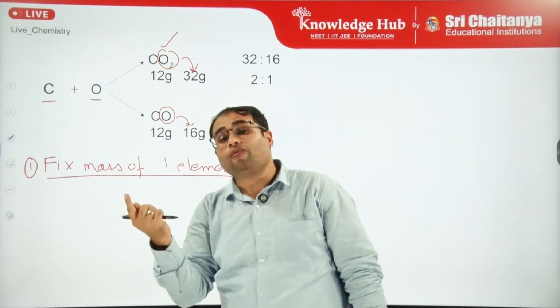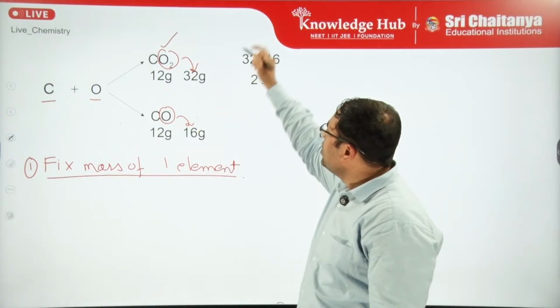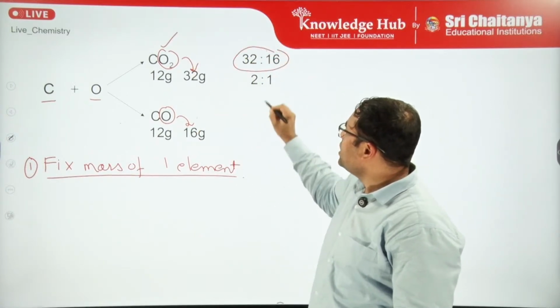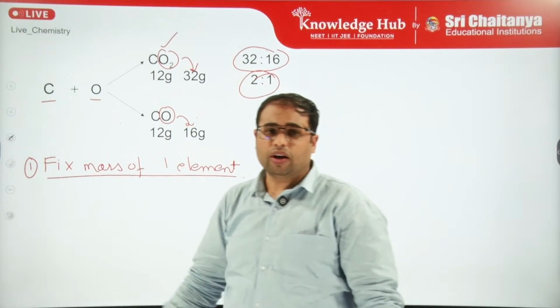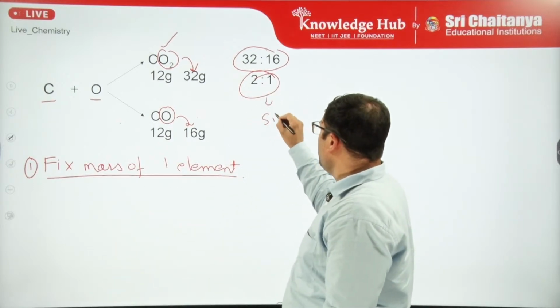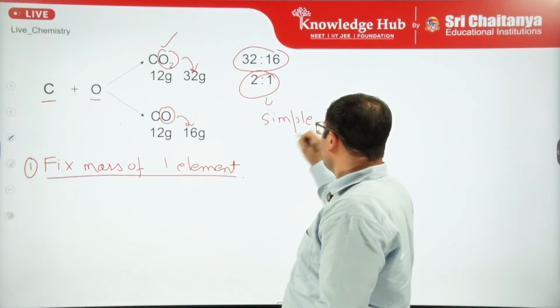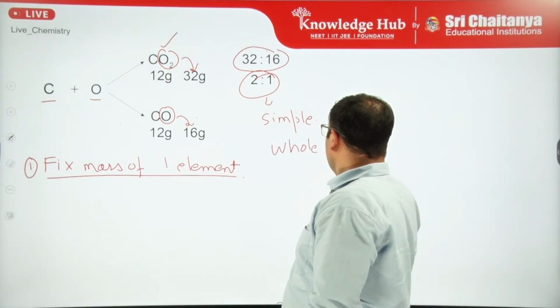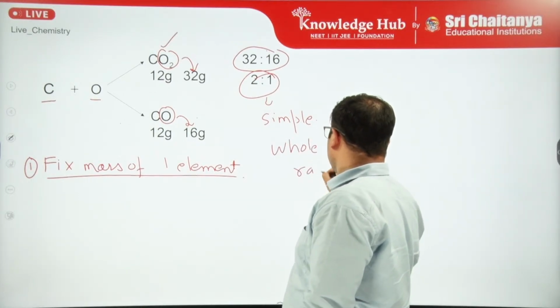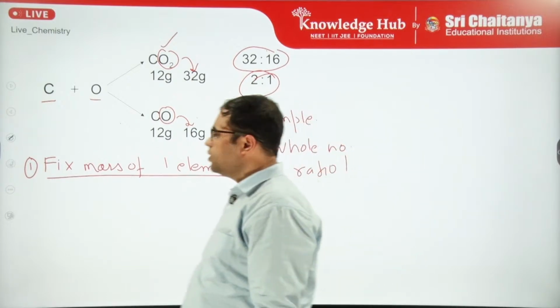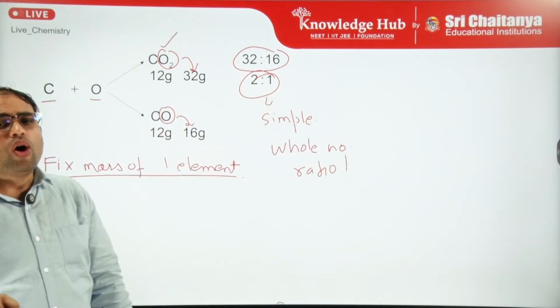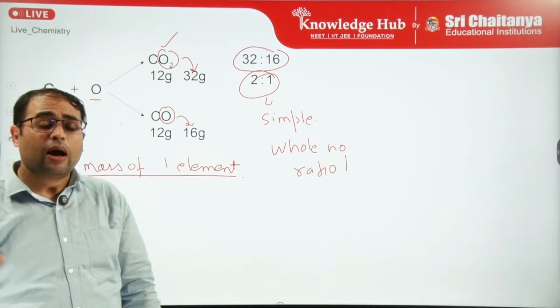Now take the ratio of masses of the other elements. So you have 32 and 16. The ratio is 2:1. It is a simple whole number ratio, right? So this is the law of what?